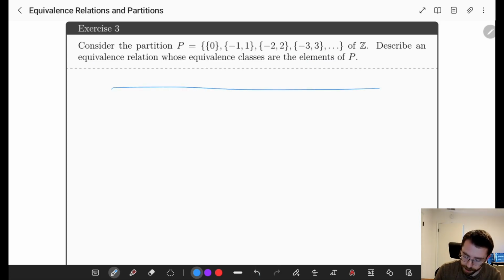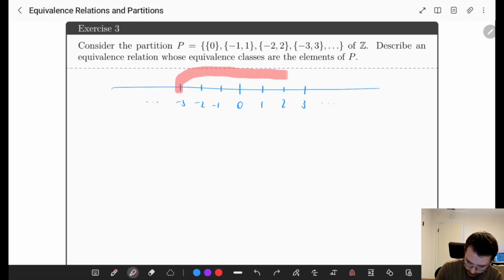So, again, you can think of a number line. Here's 0 on its own. Here's negative 1 and 1, negative 2 and 2, negative 3 and 3. Keep going. And we're saying this is an equivalence class.